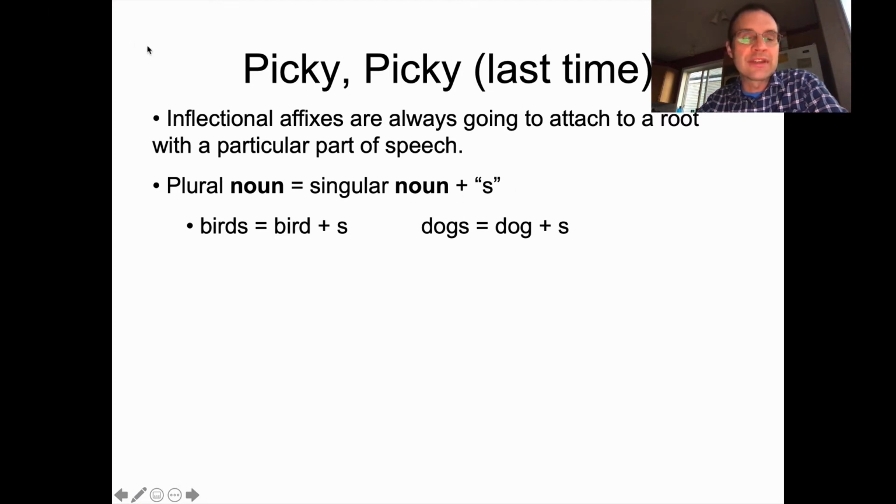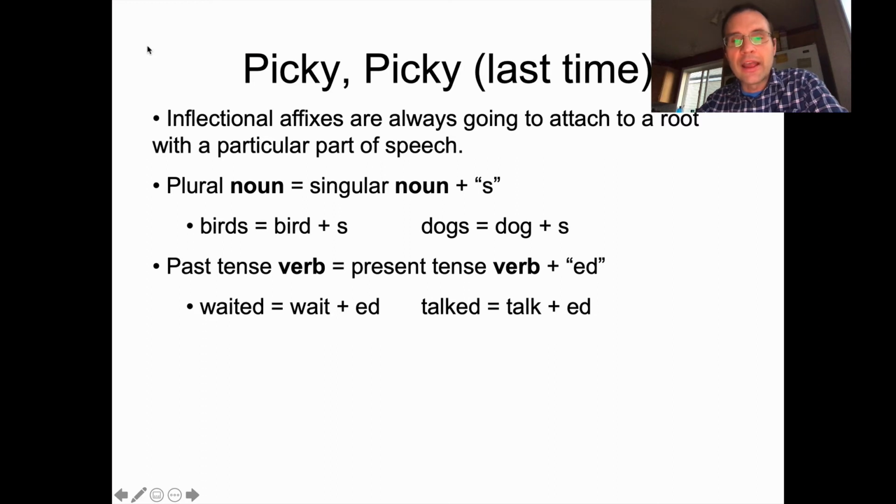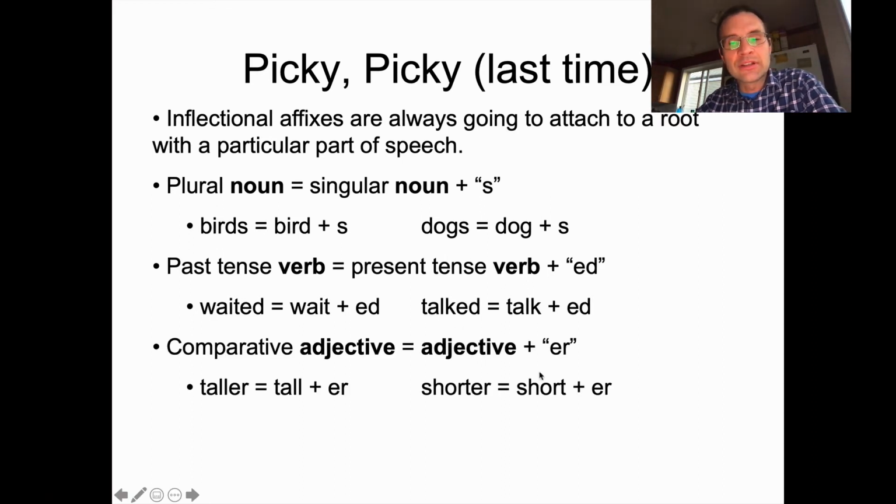It's only going to attach to nouns. We saw 3 different kinds basically of inflectional affixes: 2 that attach to nouns, 4 that attach to verbs like ed, and then 2 that attach to adjectives like er. So taller and shorter, walked and talked for the verbs, so on and so forth. They have to attach to specific lexical categories.